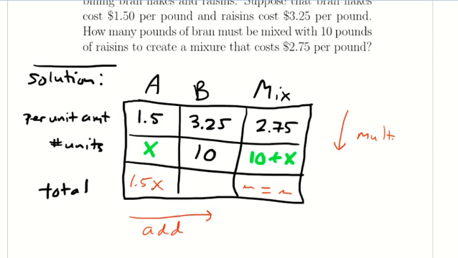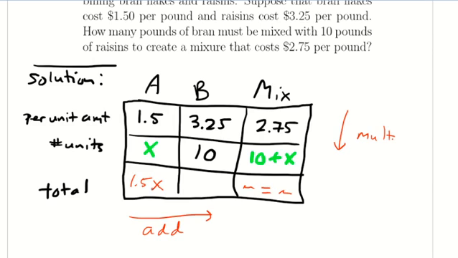That will get all the x's to one side and all the numbers to the other. 32.5 minus 27.5 is 5. 2.75x minus 1.5x is 1.25x. 1.25 is 5 over 4, so if we divide both sides by 1.25, we actually get a whole number.